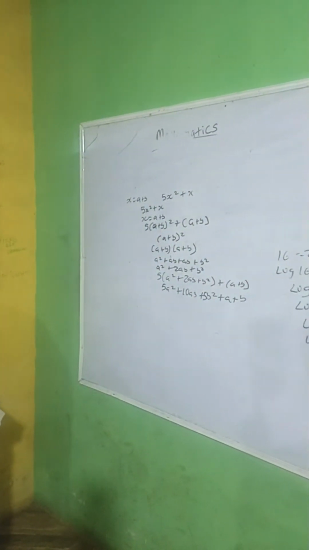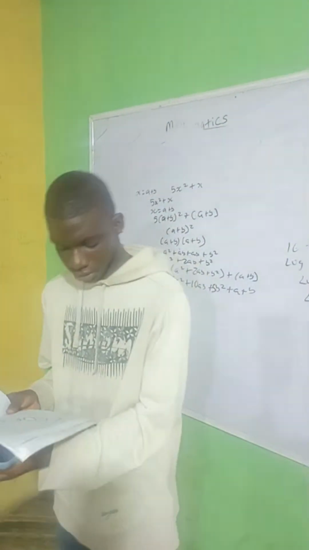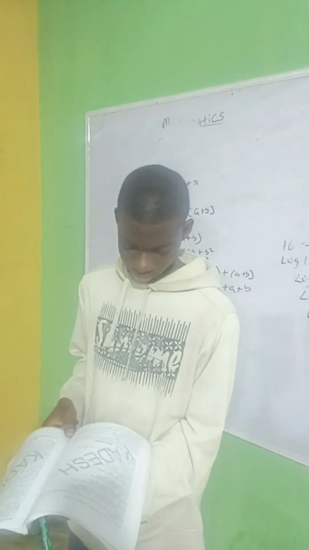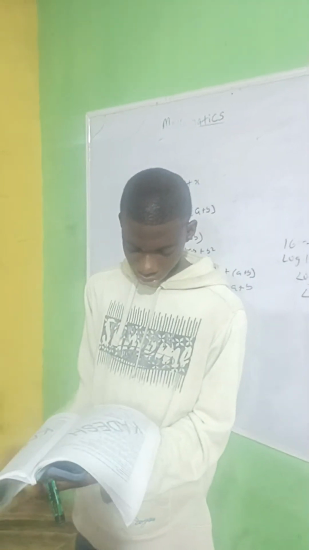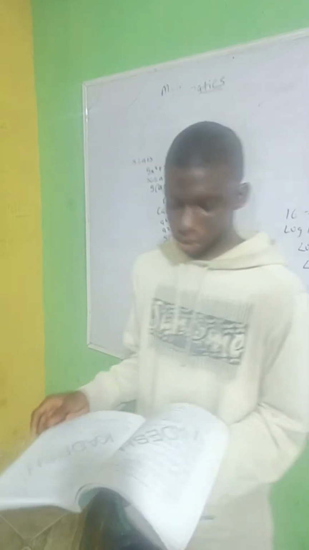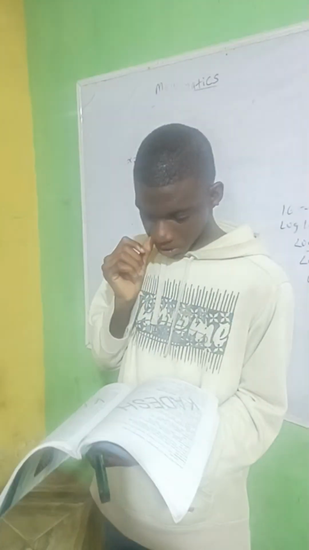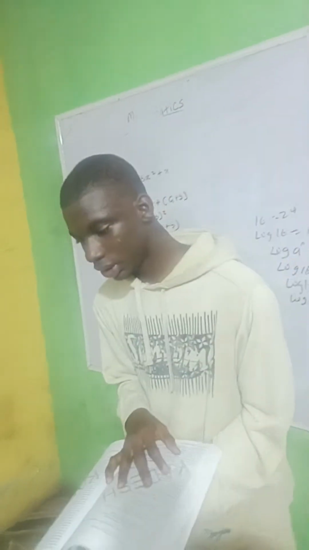Now let's say you should factorize 3d squared e plus 8d squared. Factorize 3d squared e plus 8d squared.